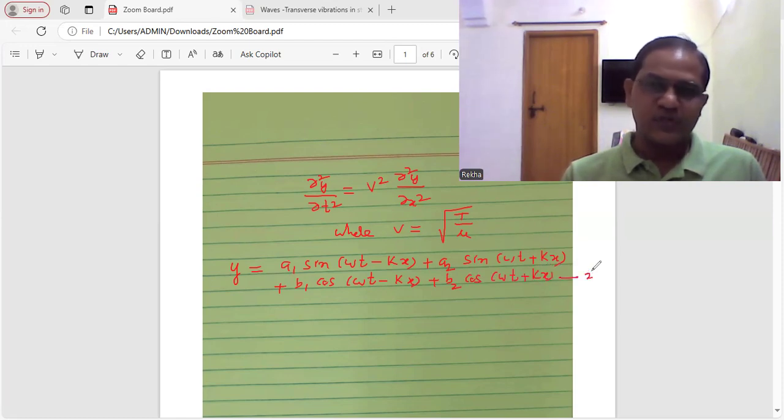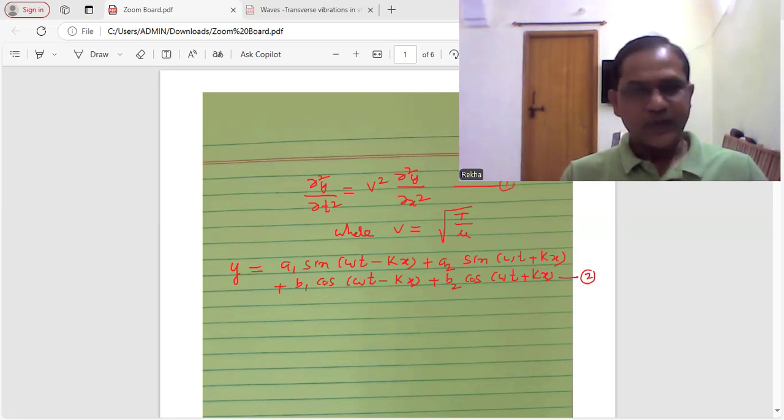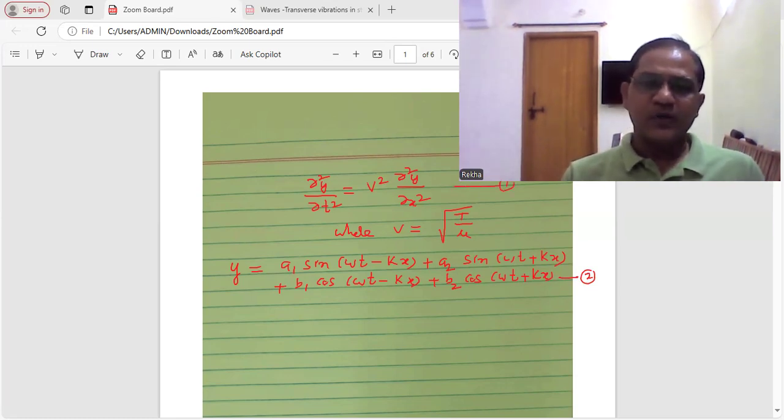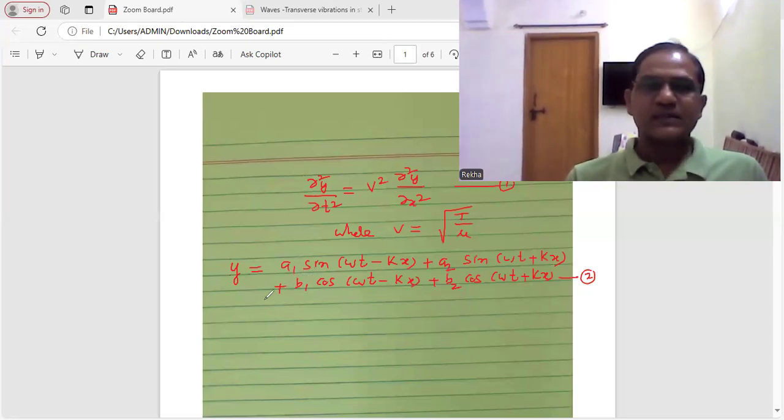This is equation 2, and this is equation 1. Here A1, A2, B1, B2 are constants.